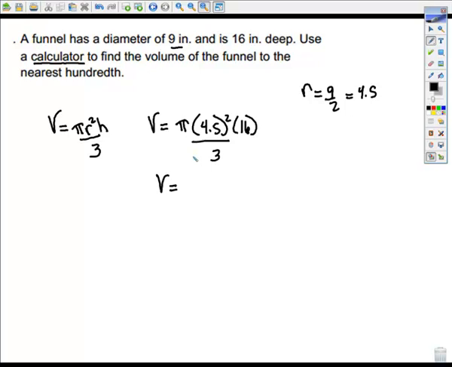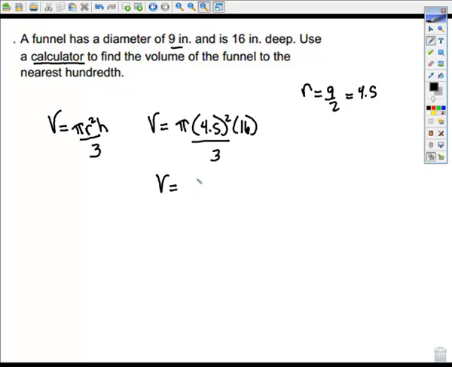So you have to hit shift and then that EXP, and it'll actually show up on your screen as pi. So I'm going to hit pi times 4.5 squared, there's a little squared button, it's an x to the second power, times 16. I'll hit equals, and then I'm just going to hit divide by 3.